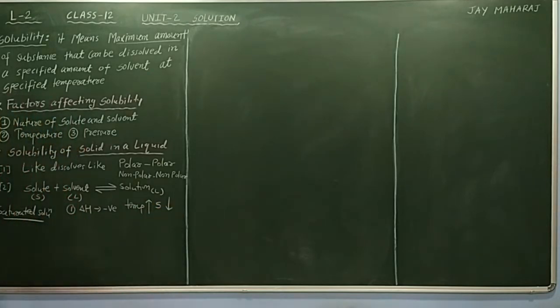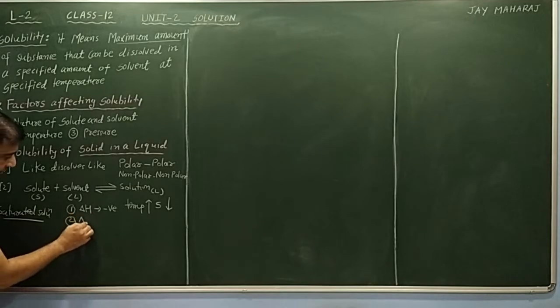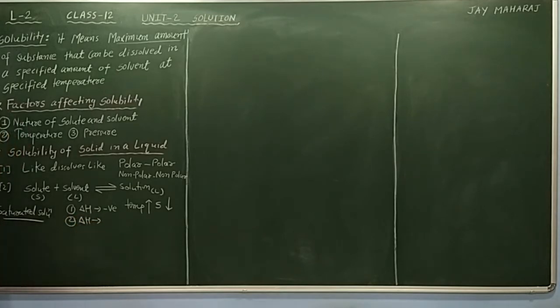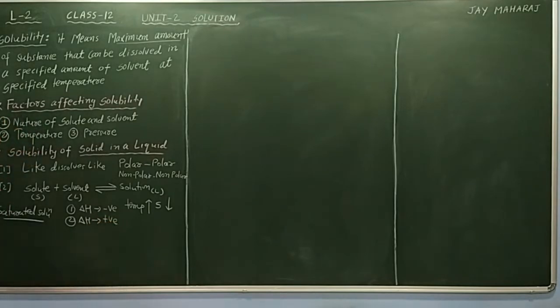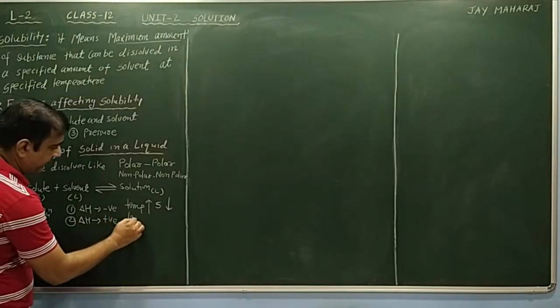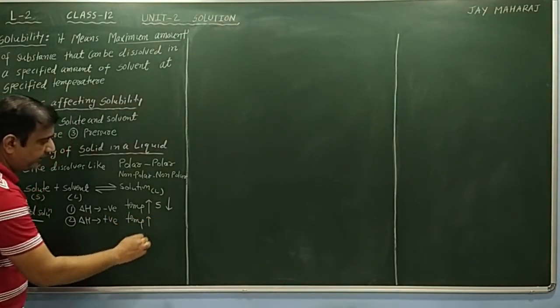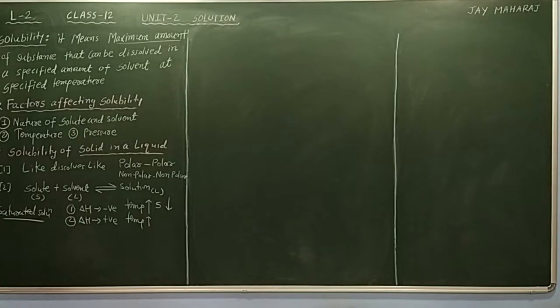decreases. Now suppose in this process delta H is positive. That means it is an endothermic reaction. Then if we increase the temperature, as per Le Chatelier's principle, the system will try to decrease the temperature. That means the forward process takes place, that means the dissolution process takes place, and after some time a new equilibrium will be established.